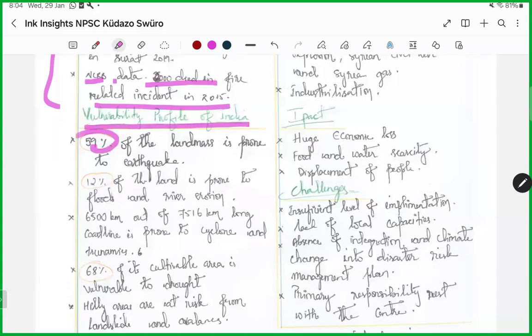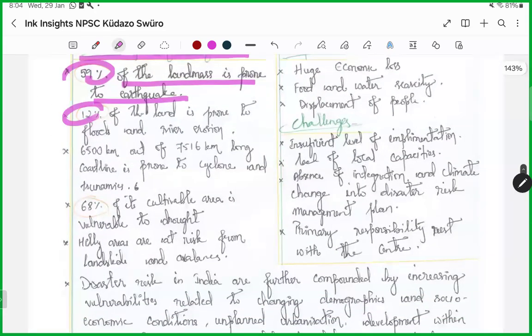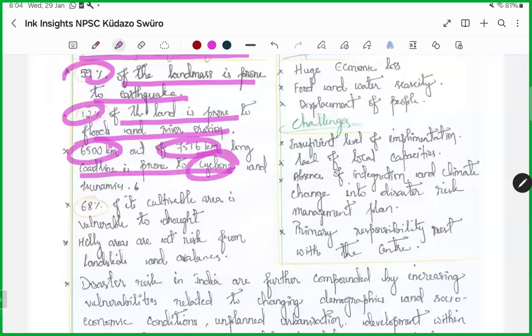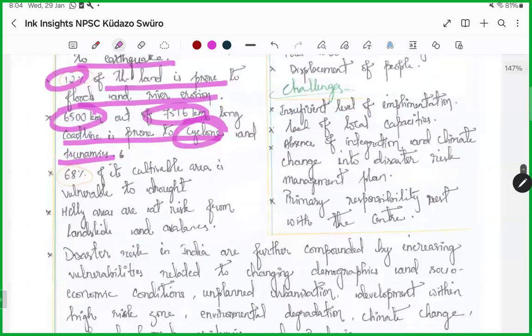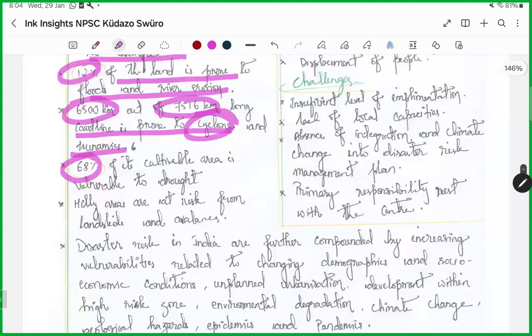See, 59% of the landmass is prone to earthquake. 12% of the land is prone to floods and river erosion. 6,500 kilometers out of the 7,516 kilometer long coastline is prone to cyclones and tsunamis. 68% of its cultivable area is vulnerable to drought.